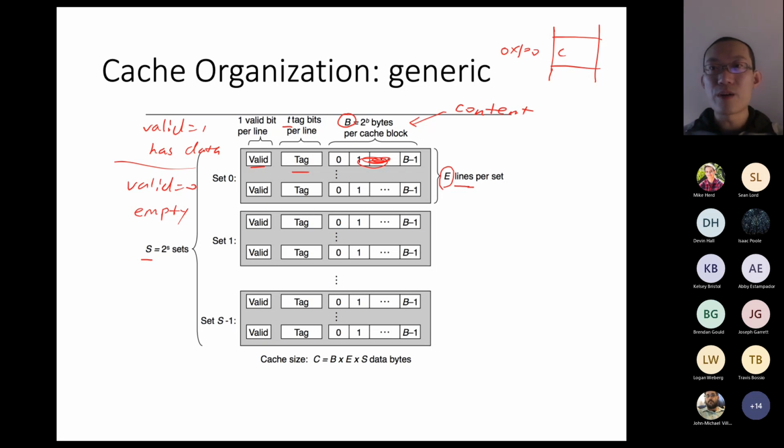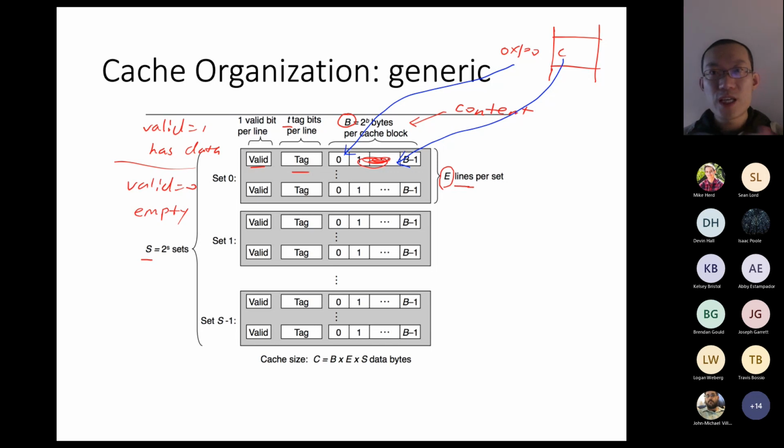We already talked about how the C goes to the block. Let's say the first line in set 0 is the line to receive this content. And we should have some way to denote this 100 in the cache as well. From this layout of the cache, we find nothing about the address.